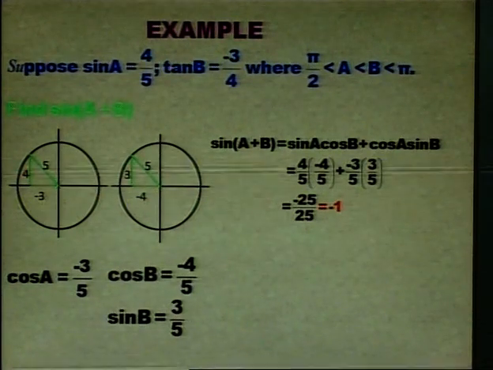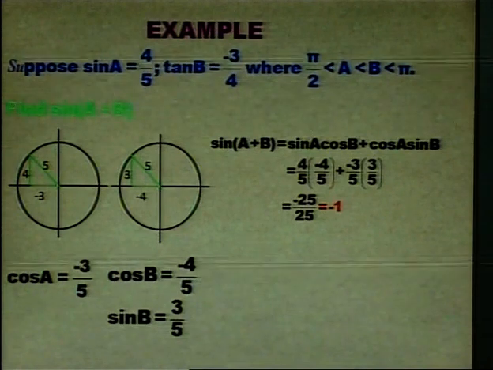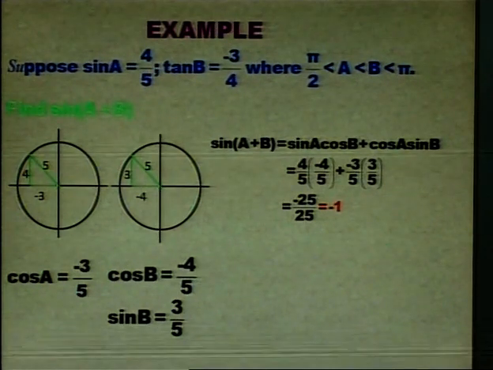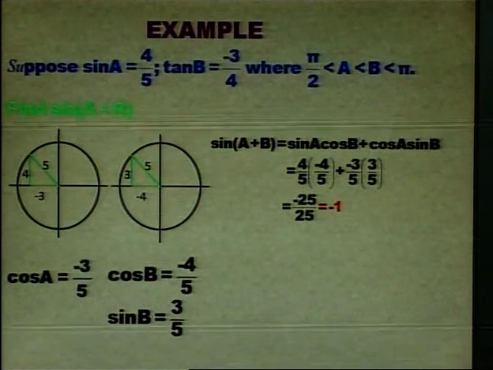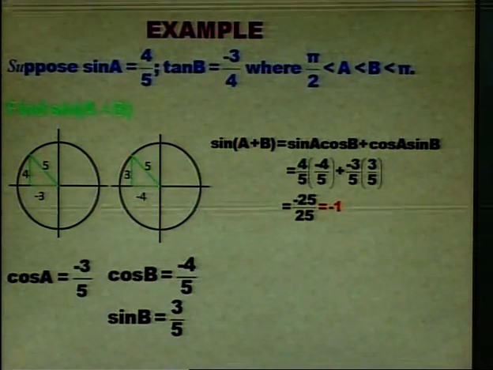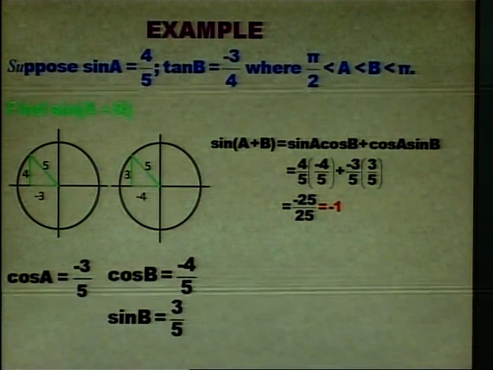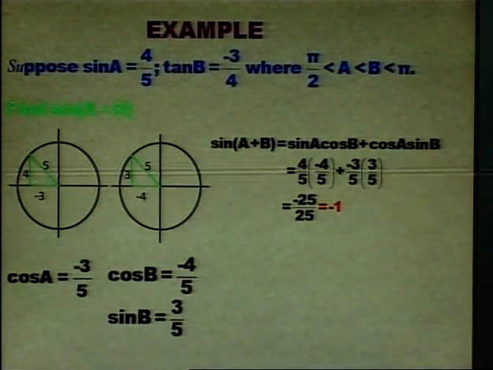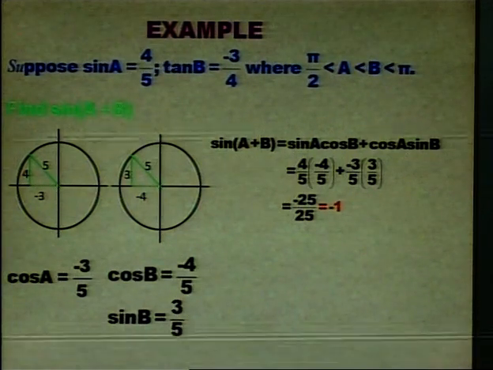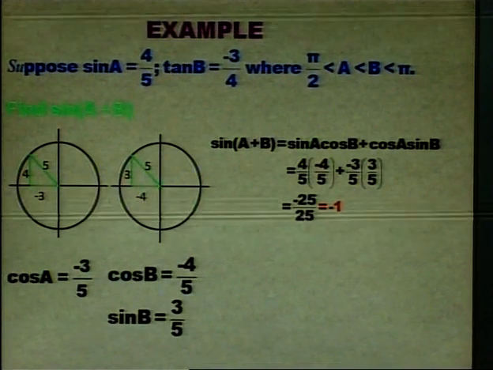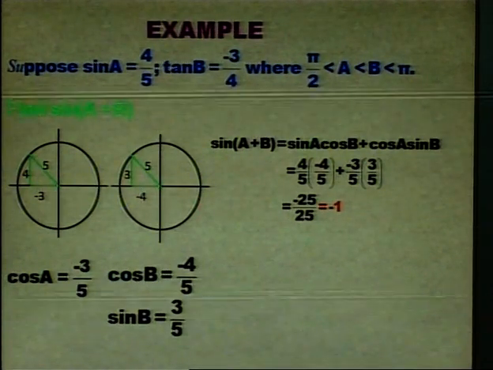But because of that restriction on the angles A and B, because A and B are in your second quadrant, you have to be very careful regarding the sign of all these 4 values, out of which 2 are given, means regarding cos A, cos B and sin B.